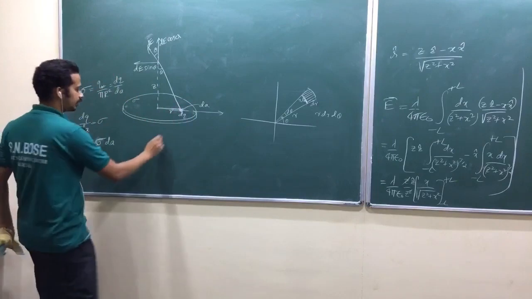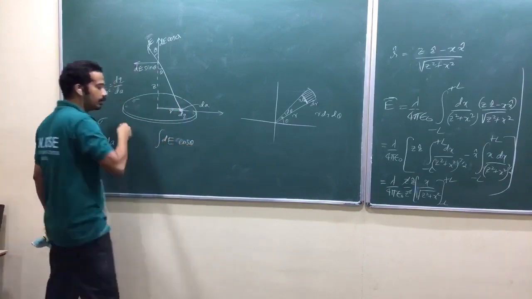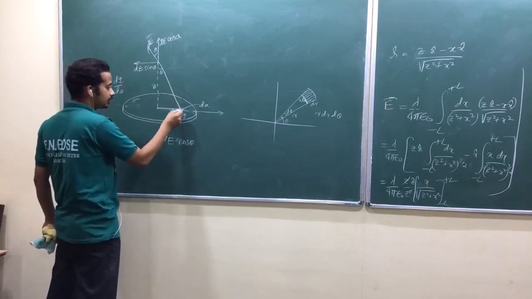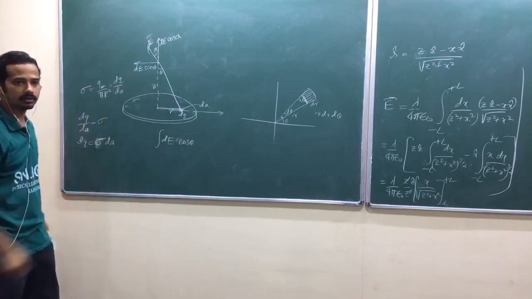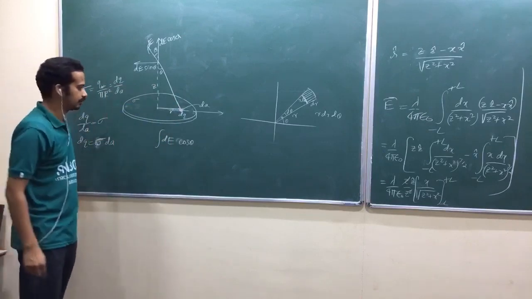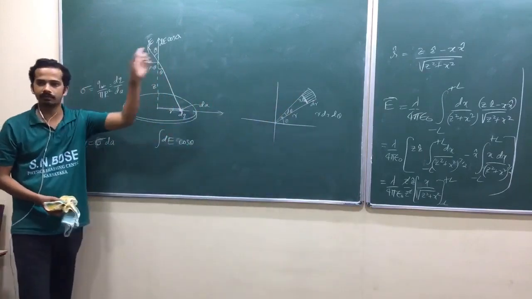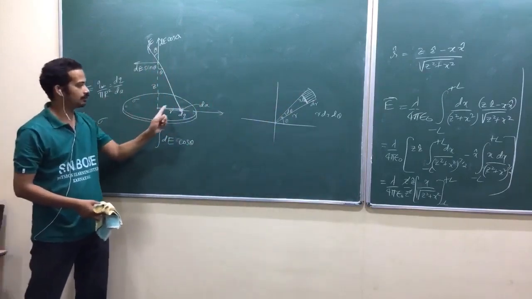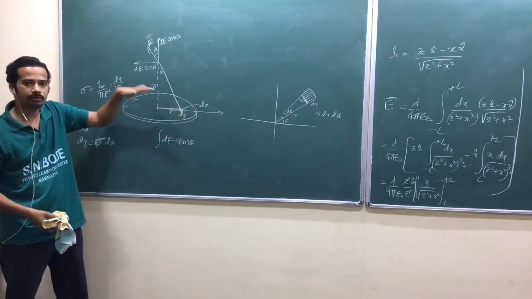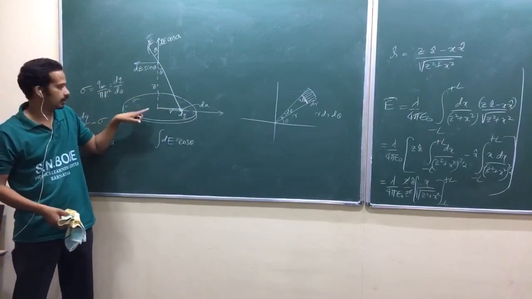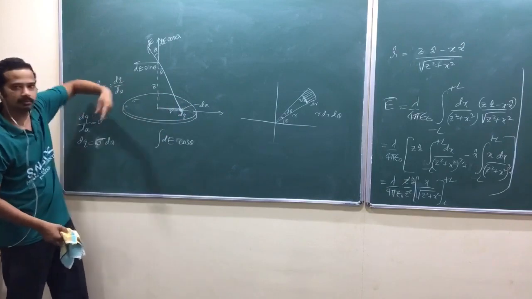That's why I need to integrate only dE cos theta. Integration means you have to run this elementary area throughout the region of the disk. The radius of the disk is R. If you want to sweep the disk region, your theta should vary from 0 to 2π and your r should vary from 0 to capital R. In plane polar coordinates, to sweep the disk surface, r should run from 0 to capital R, theta from 0 to 2π.